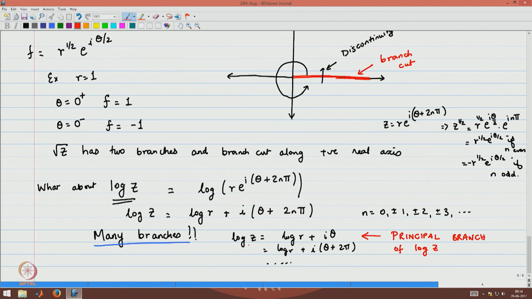Now notice this is actually changing the value of the logarithm, okay. You should be very careful in identifying that the value of the function is changing in each branch, okay. So in the first branch the imaginary part was just theta, in the second branch the imaginary part is theta plus 2 pi, okay, and you can have many more branches like that.